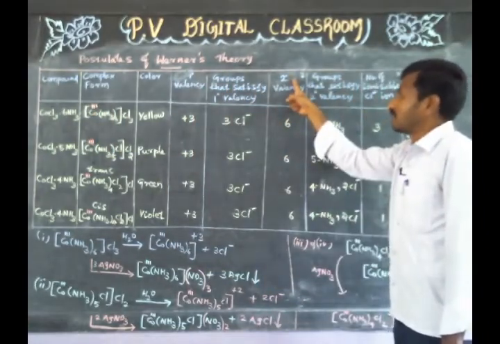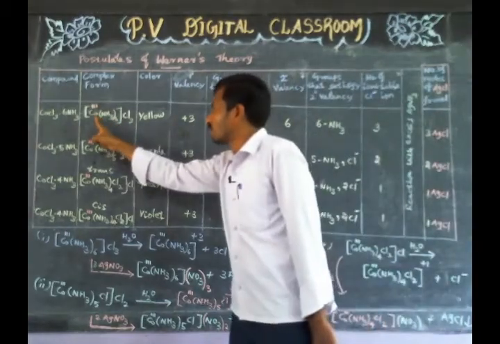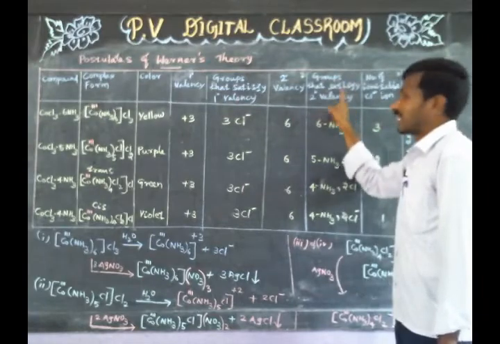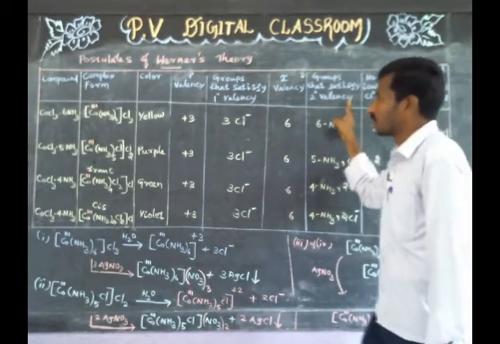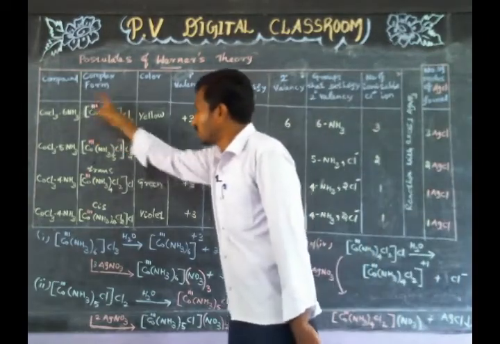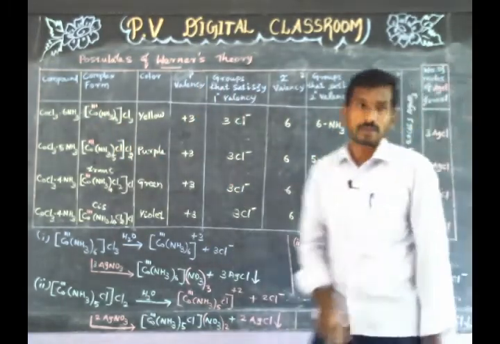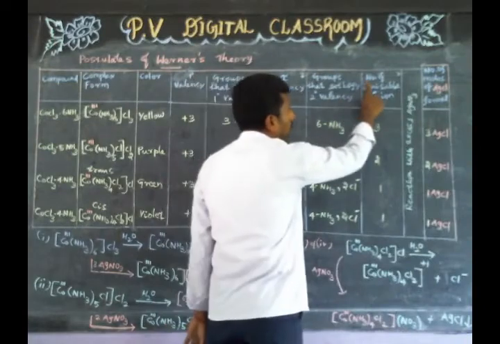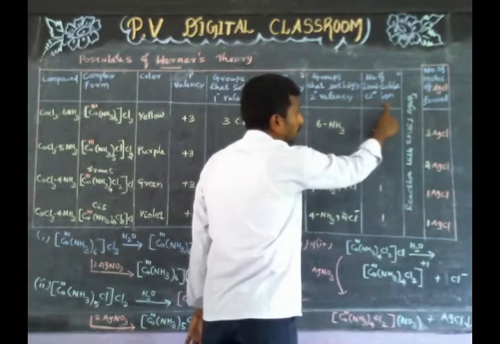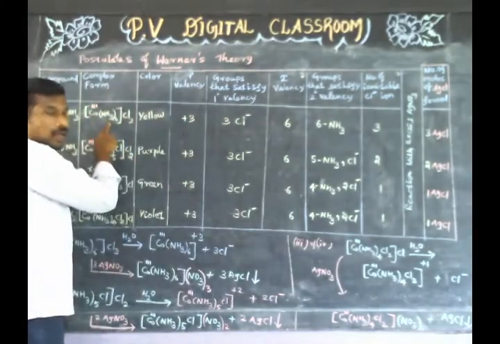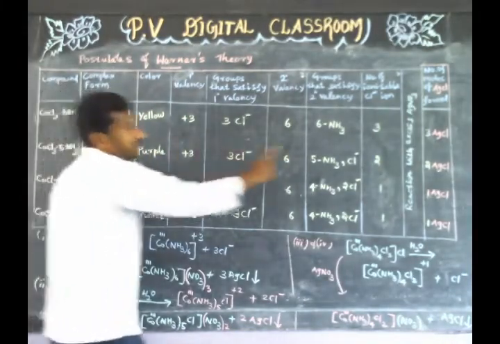Secondary valency of the central atom of this compound is 6. Groups that satisfy the secondary valency of the central atom of this compound are 6 ammonia molecules. Number of ionizable Cl- ion that present in this compound is 3.